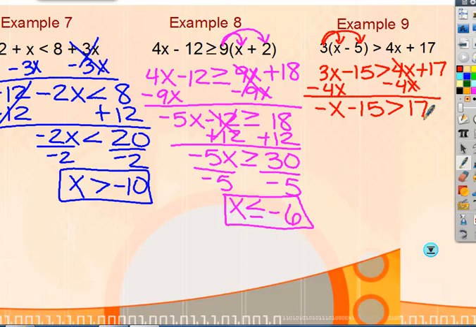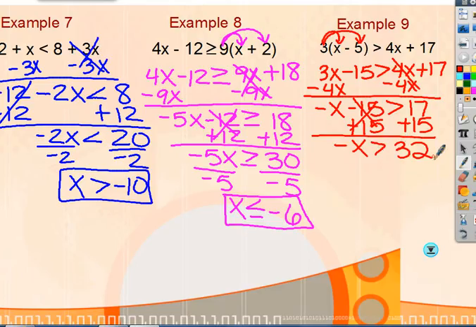That indicates that when I get to resolving the x, I'm going to have to divide by a negative, therefore I'm going to have to flip my symbol. Here is the step where I'll have to flip the symbol, because I'm dividing by a negative number.